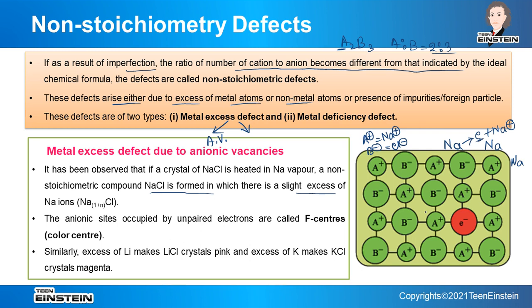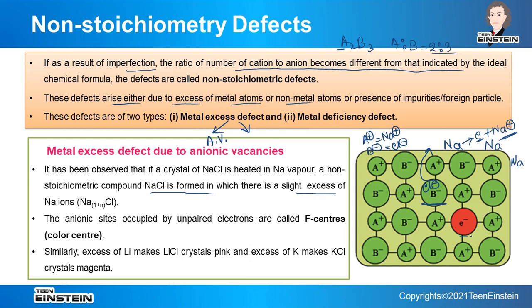So what will happen now? Some Cl minus, that is B minus in this case, suppose this is one Cl minus, will diffuse to the surface so that it can combine with Na plus. Now when this Cl minus is diffusing to the surface, this site will be vacant.